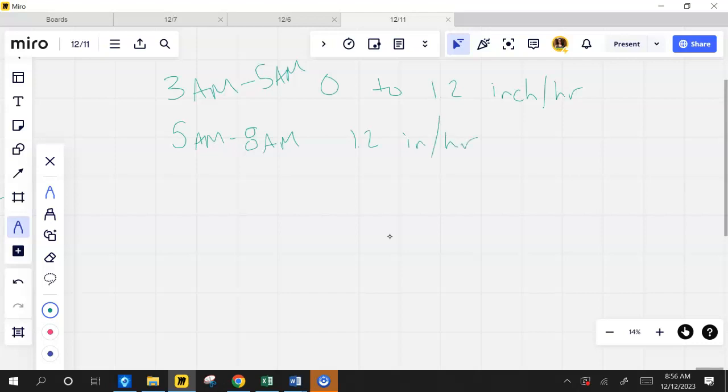At 8 a.m., it begins to taper off, decreasing at a steady rate until the snowstorm ends at 10:30 a.m. Find the total amount of snow that fell over the course of the snowstorm.